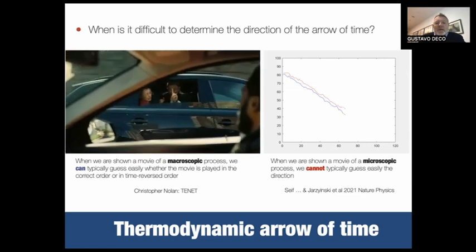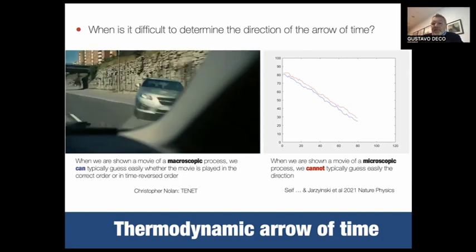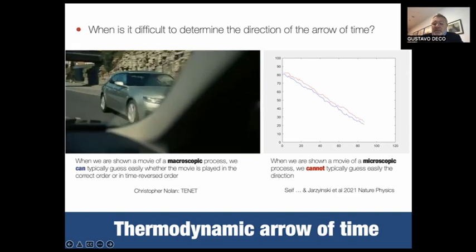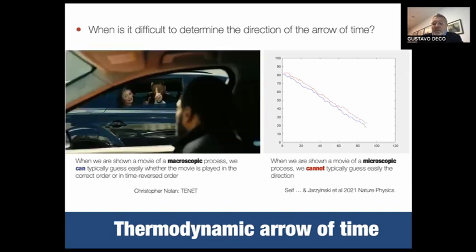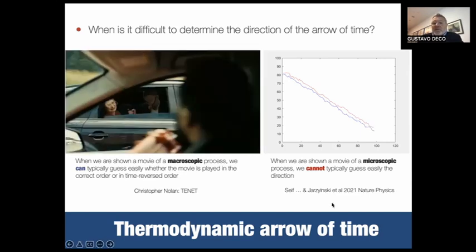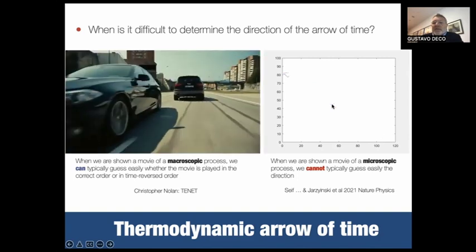On the other hand, if you see this other movie, this is a real system, sorry, a simulation system. It's a spin system that we took from the paper of Seif et al., Jasinski paper, also using these ideas of arrow of time in physical systems.